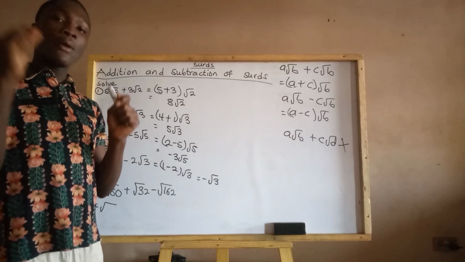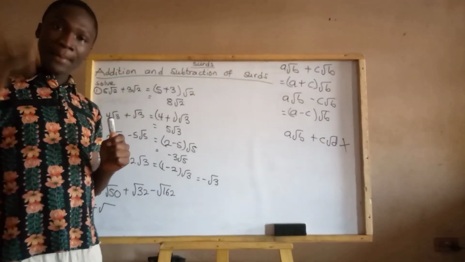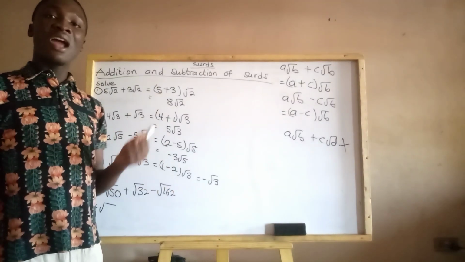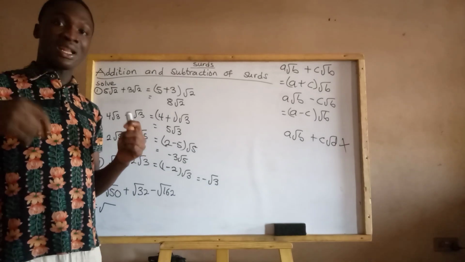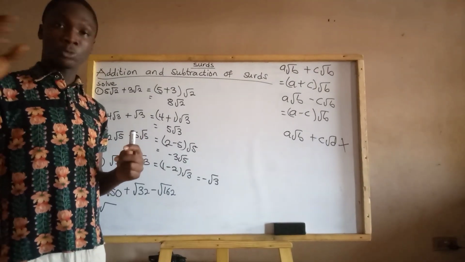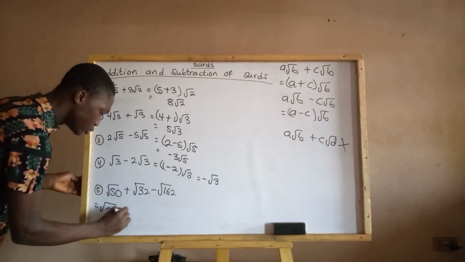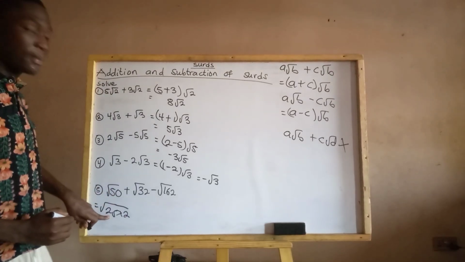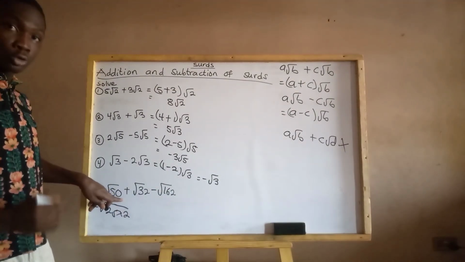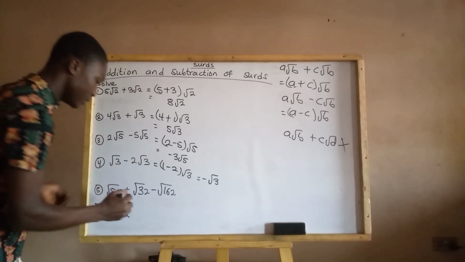The reason why 25 is a perfect square is that a certain number multiplies itself to give 25, and the number is 5. If any number multiplies itself to give a number, the number that is produced is a perfect square. So here we have 25 times 2. 25 is a perfect square, and 25 will multiply 2 to give 50.